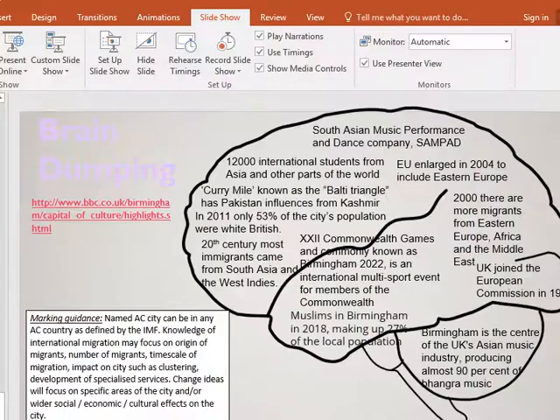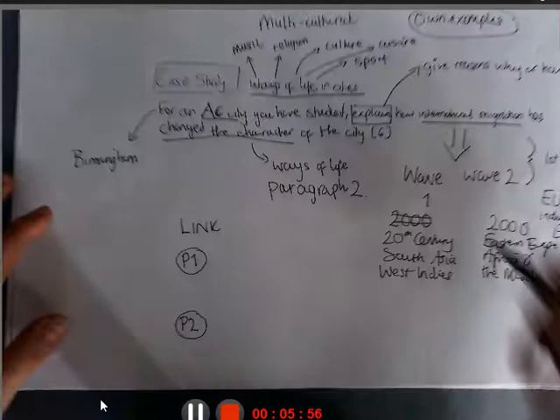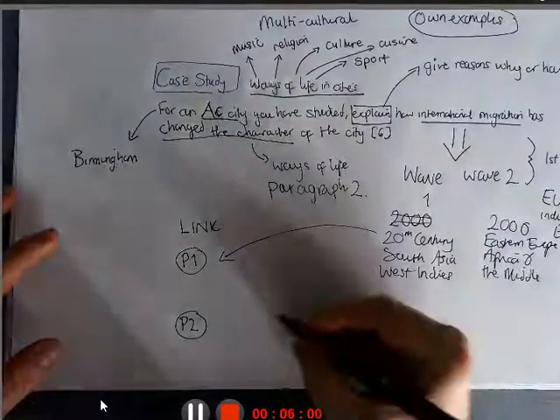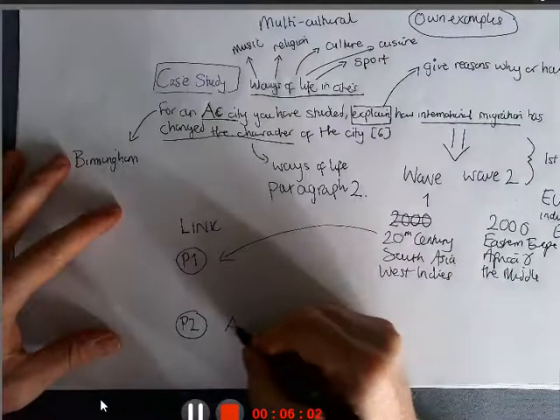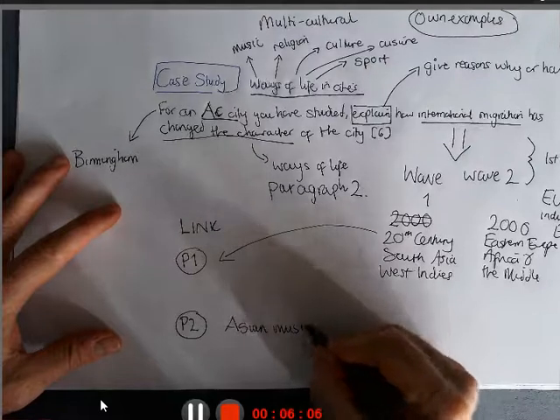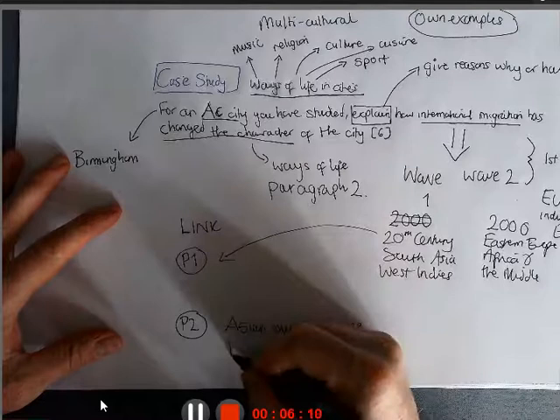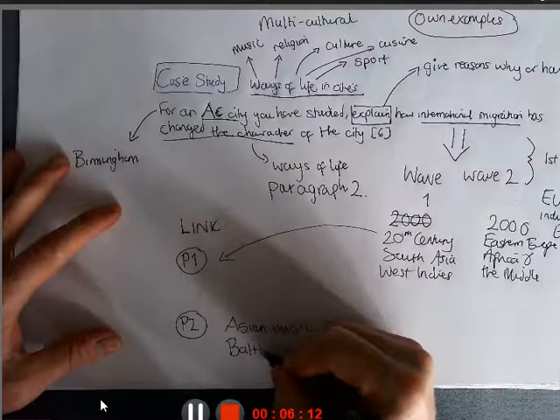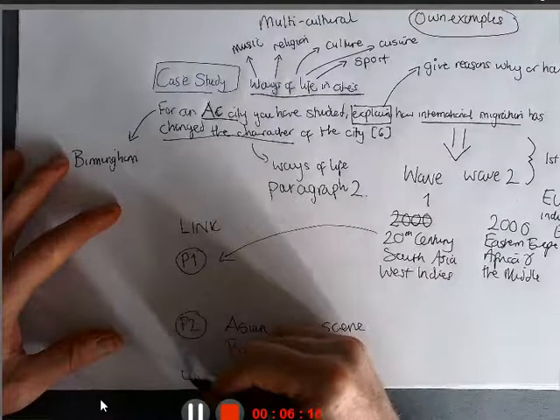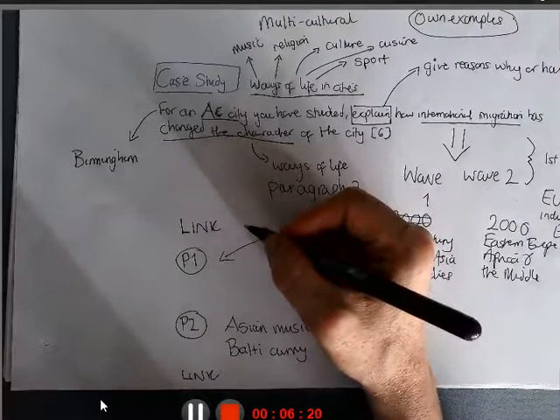If we go back to my question and my visualizer, my first paragraph is going to relate to this, and then in my paragraph 2, I'm going to talk about the Asian music scene. I'm going to talk about the Balti curry, and then I'm going to link it at the end. Remember, our links are just going to reword the question.